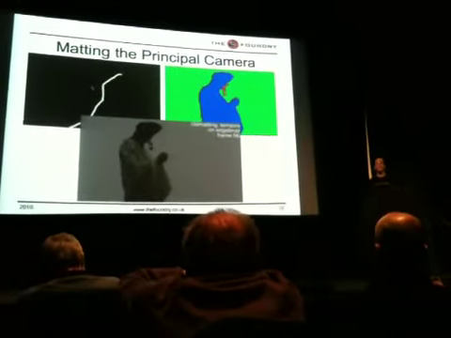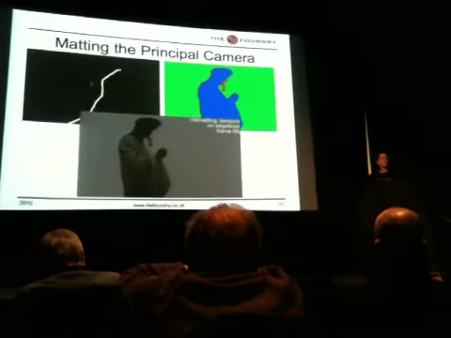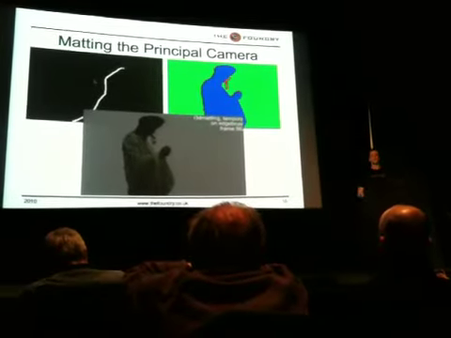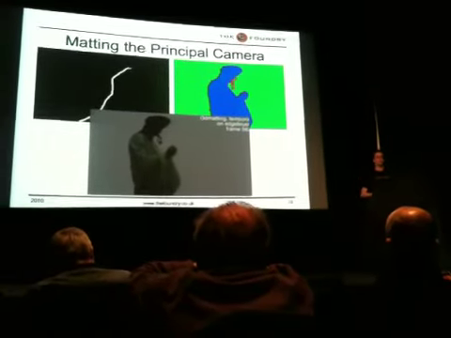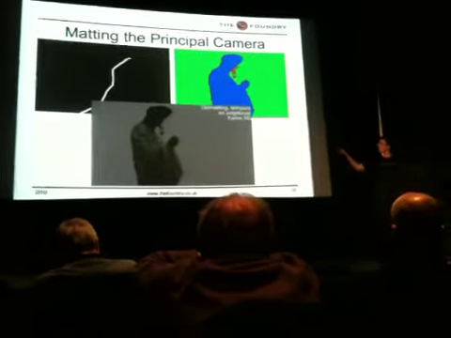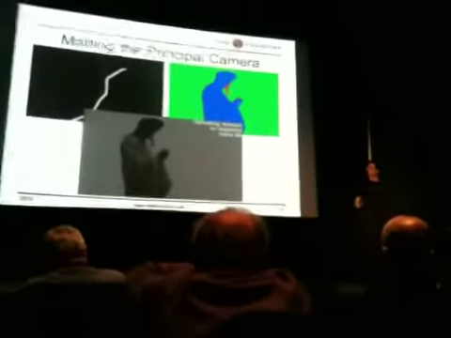Before you can go away and calculate your 3D models, you've actually got to map out the subject that you need to reconstruct in 3 dimensions. So Trinity College Dublin have been doing a suite of matting programs. For the principal camera, you're going to want a really accurate matte for the principal character, where the geometry is correct in the silhouette outline.